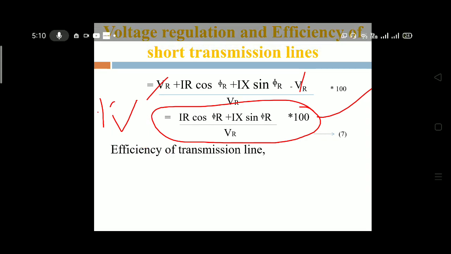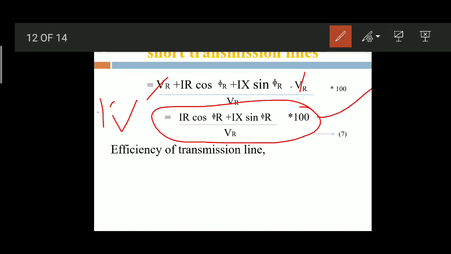Percentage of VR is equal to (IR cos phi R plus IX sin phi R) by VR into 100. By knowing this formula, we can easily calculate the percentage voltage regulation obtained in the case of a short transmission line.